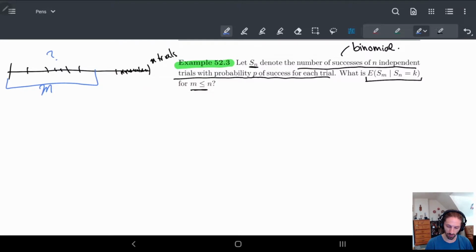Now the thing is, for this one, we kind of saw the best way to look at this is through indicator functions to see whether one of them is successful or not.